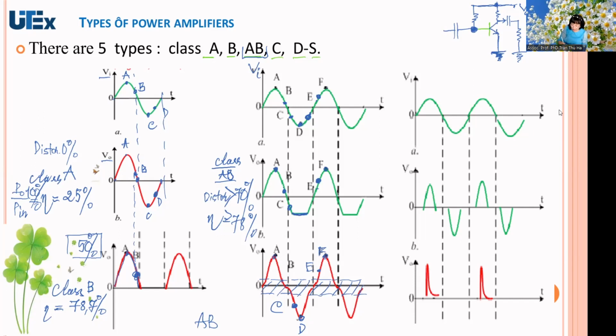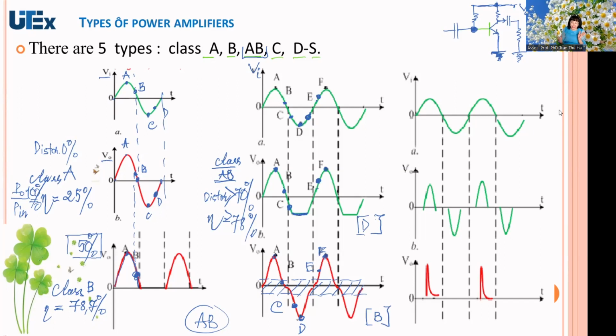This here is larger in our case. You can see in class AB here we lost information D, and here we lost information B, because B belongs nearly to the zero level, right?